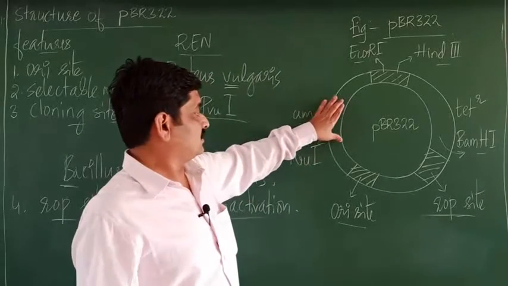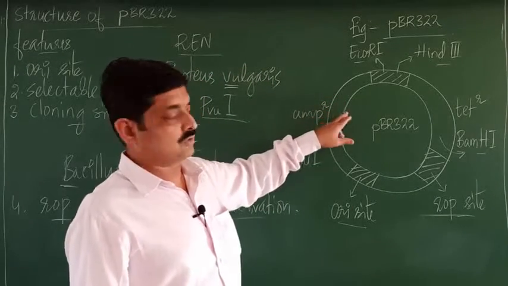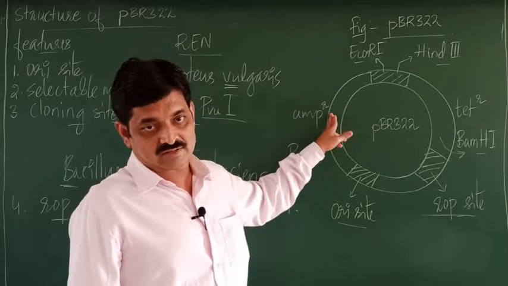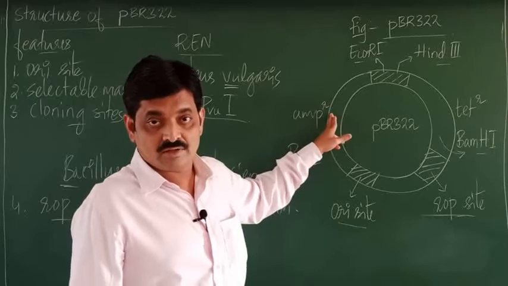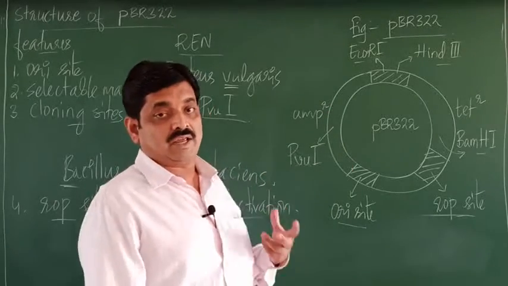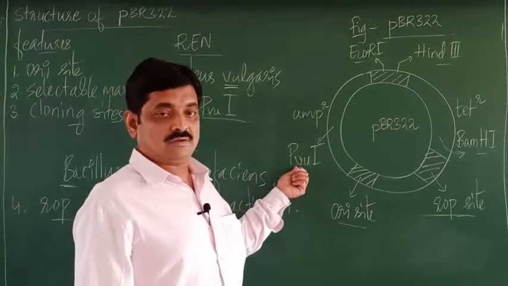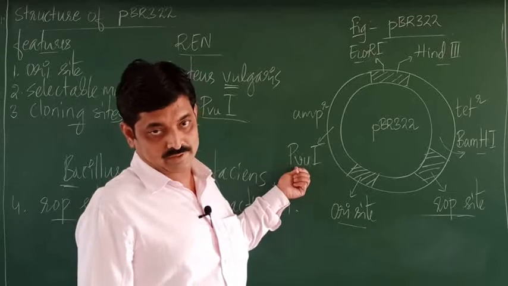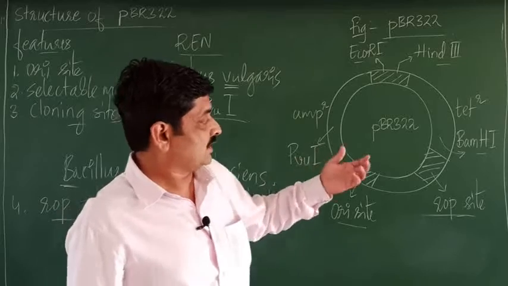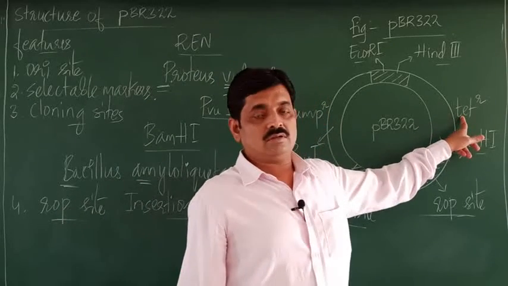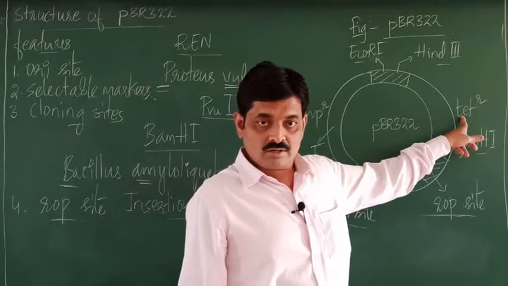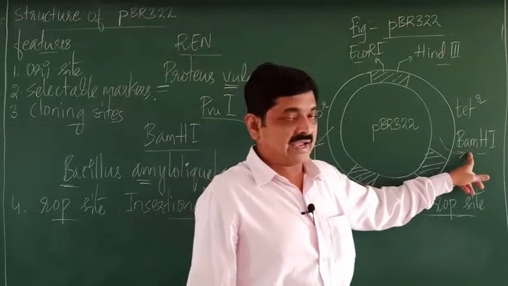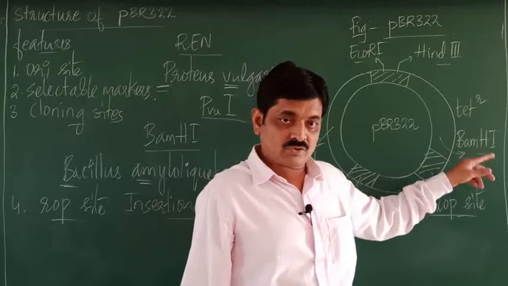Now this antibiotic resistance gene, AmpR, has a cloning site for the restriction enzyme PvuI. Similarly, this is another antibiotic resistance gene which has a cloning site for enzyme BamHI.